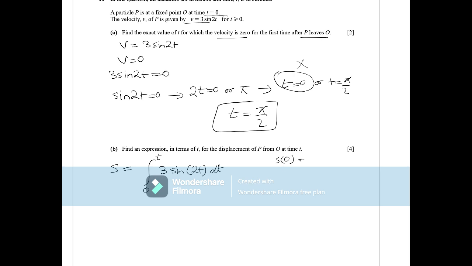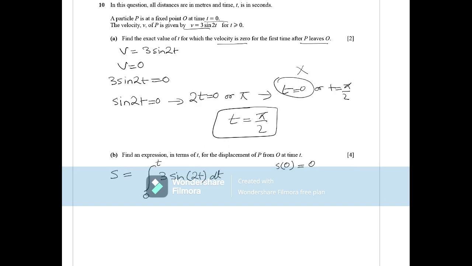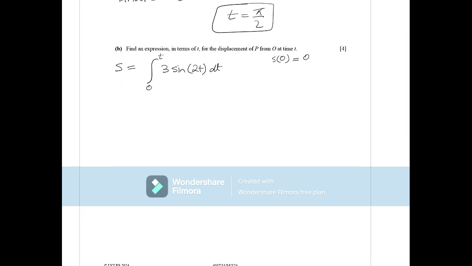At t is equal to 0, your s is 0 because it leaves O at time t is equal to 0. The integral of sine is minus cos, so your s is equal to minus 3 cos 2t dividing by the derivative of whatever we had inside the sine, then using 0 and t.